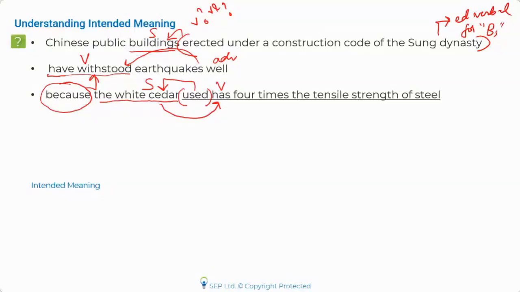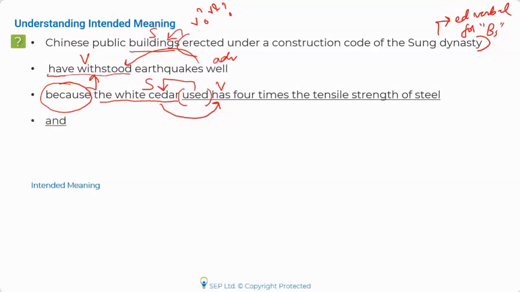So we're talking about some material used in this building. That material has 4 times the tensile strength of steel. So what this tells us is the buildings have withstood the earthquakes well because the material used is strong. It has got 4 times the tensile strength of steel.